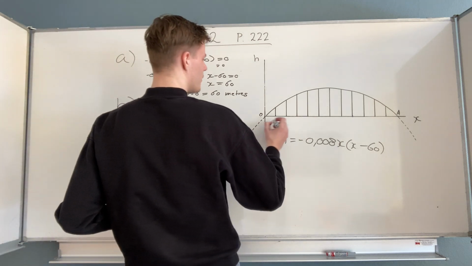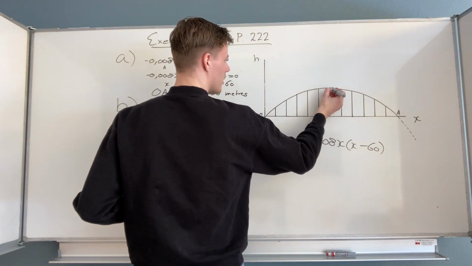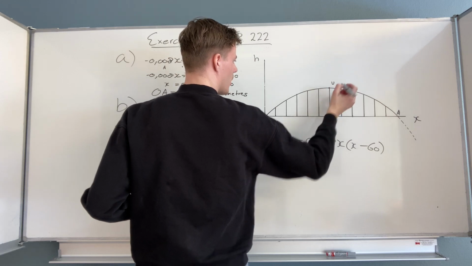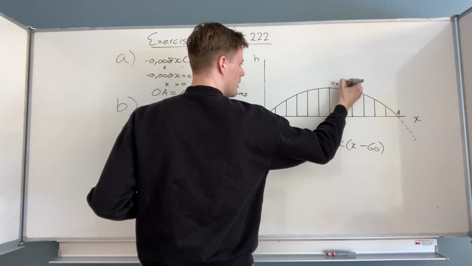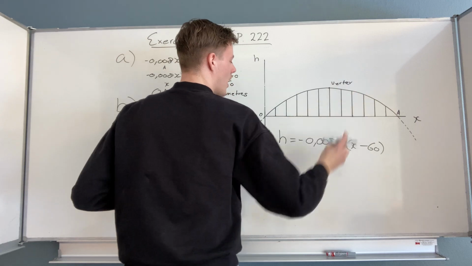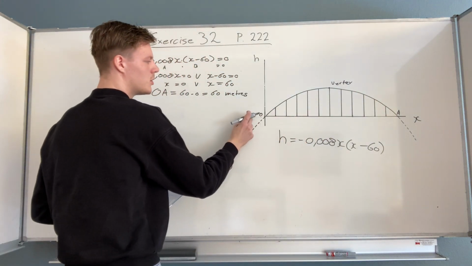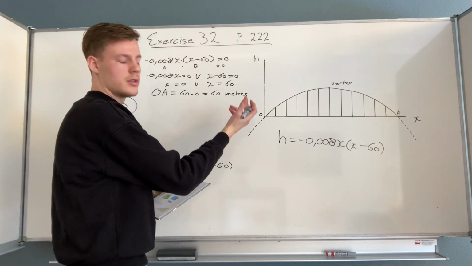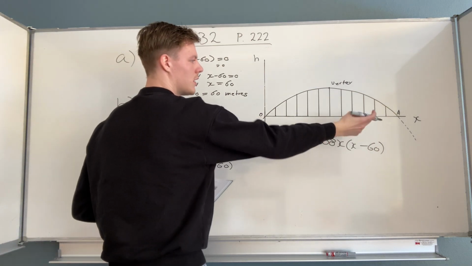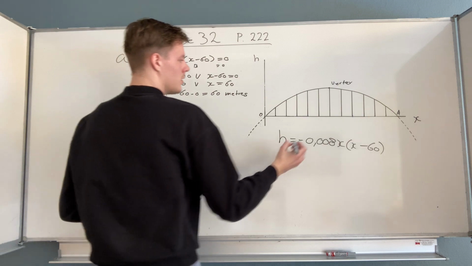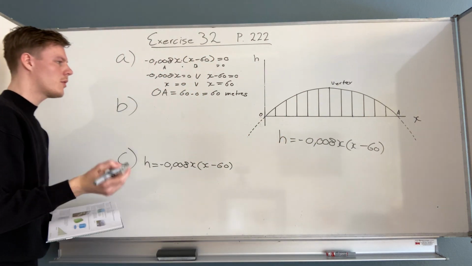So we need to find a point. I think it's here. I'll call it vertex here. And we need to find the point where the distance between O and the vertex and A is equal. So how do we do that?